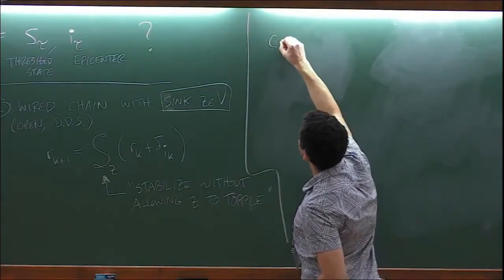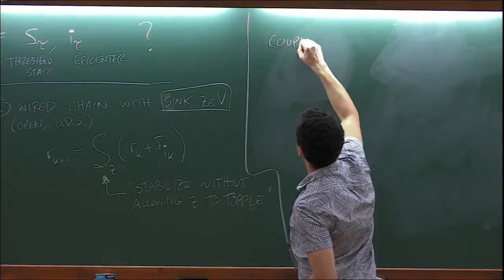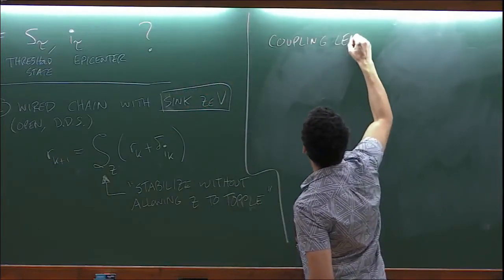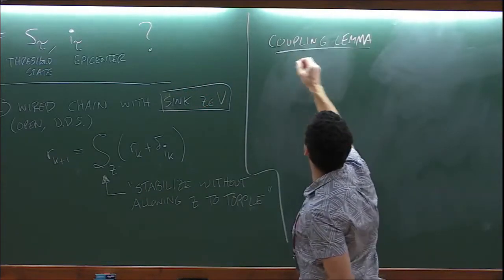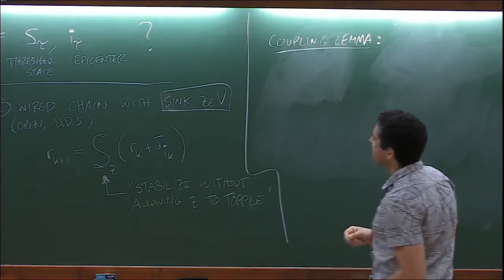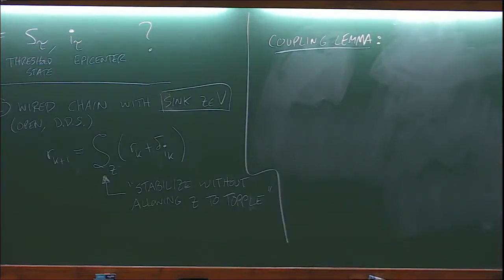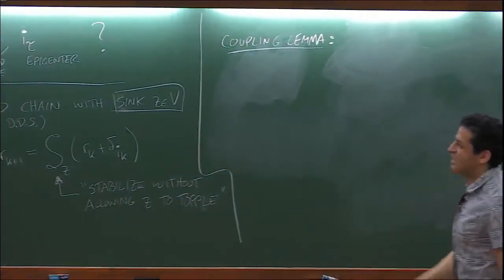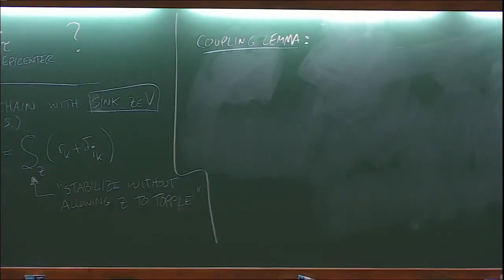I'll call this the coupling lemma, which relates the two chains. In some sense, this is the basic engine that makes everything work, and it would be really interesting to adapt it to other sandpile models. This is the portion of the proof that is specific to the deterministic Lochtang-Wiesenfeld model, this lemma.